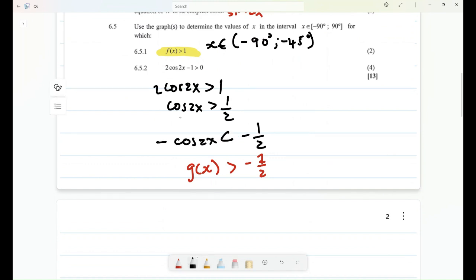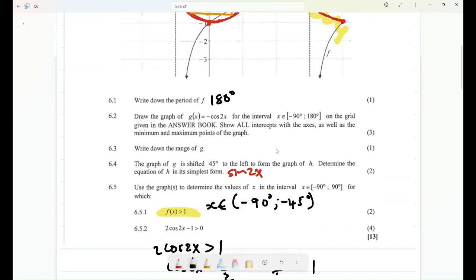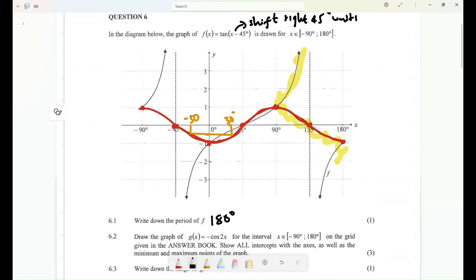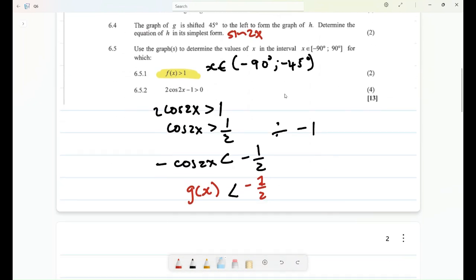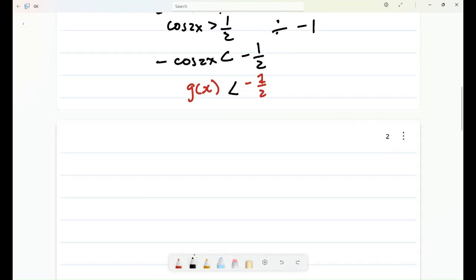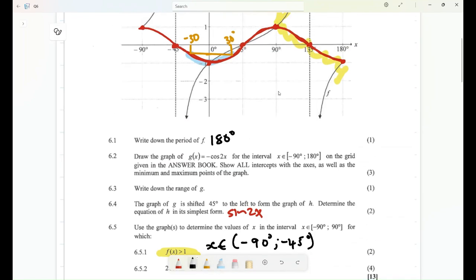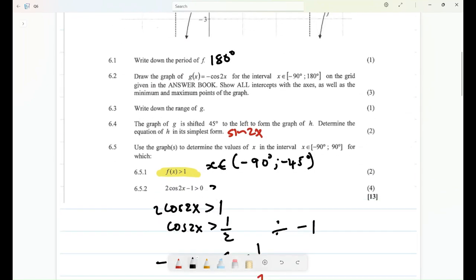When I divide by negative 1, I have to change that sign. So less than should be this region. If this is a half here, then from this portion it is less than half, but that one is greater than half. So it should be between negative 30 and 30, and the endpoints should not be included.